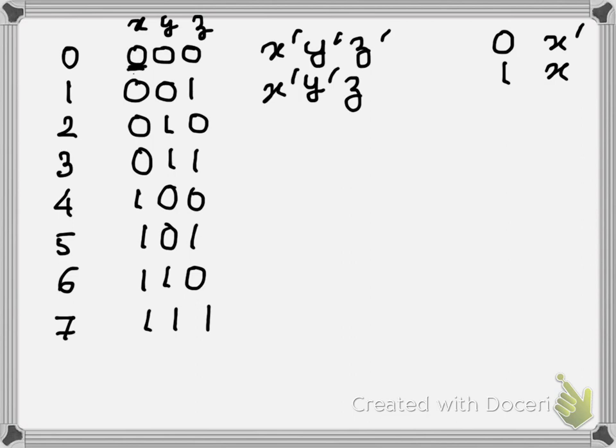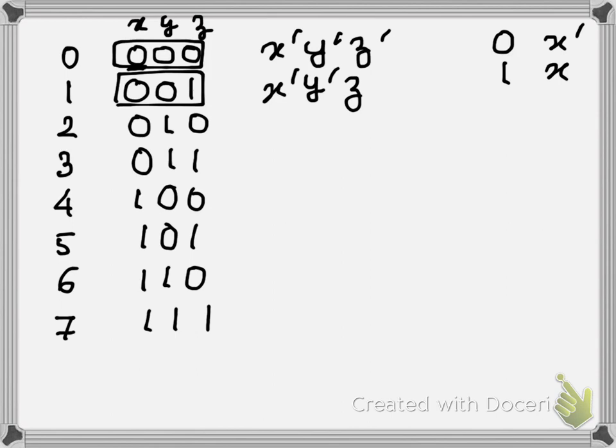In the first case, all 3 are zeros, so all 3 are primed. In the second case, the first 2 are zeros, so the first 2 are primed, and the third, that is z, is 1, so it is unprimed. So x dash, y dash, z.